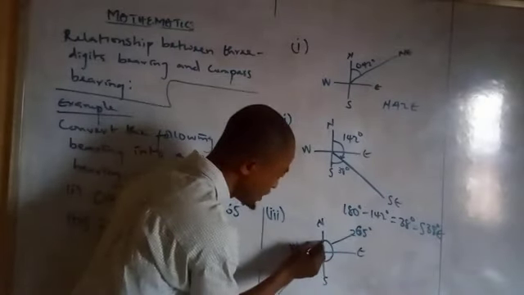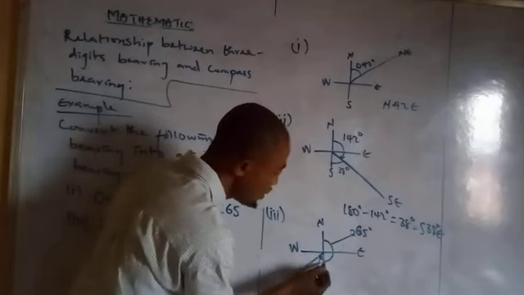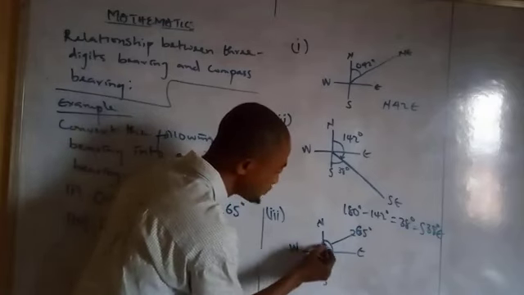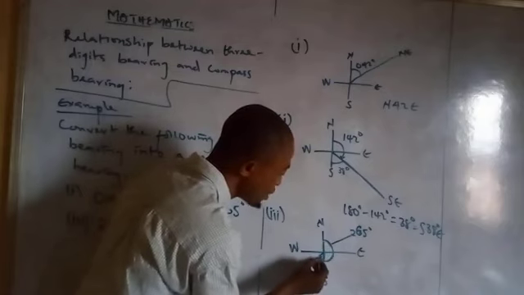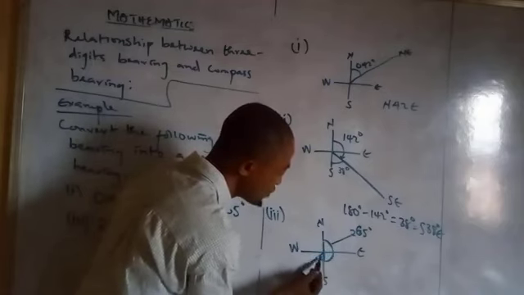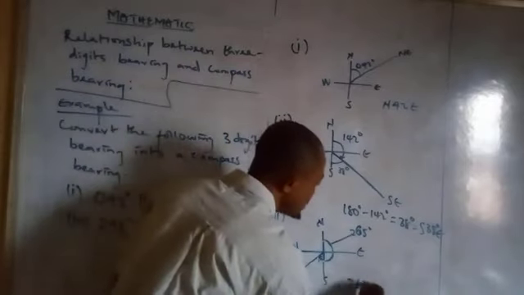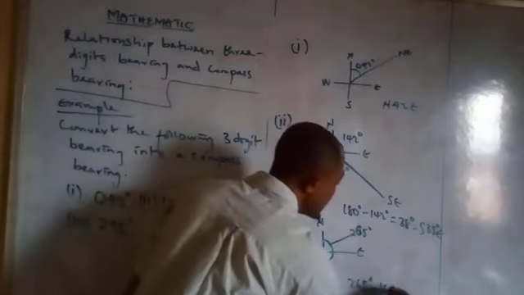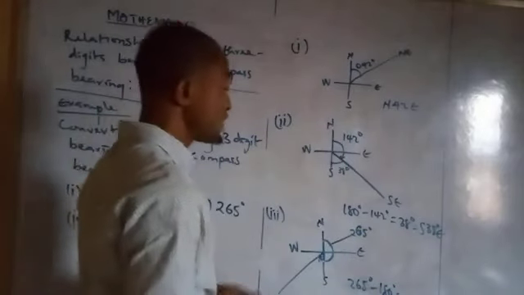When we did our 3-digit bearing from here to here, this is 265 degrees. If you remove this angle from the whole of this angle, what will be left will be here. So we are going to do 265 degrees minus 180 degrees. And what would that give us? That is going to give us 85 degrees.